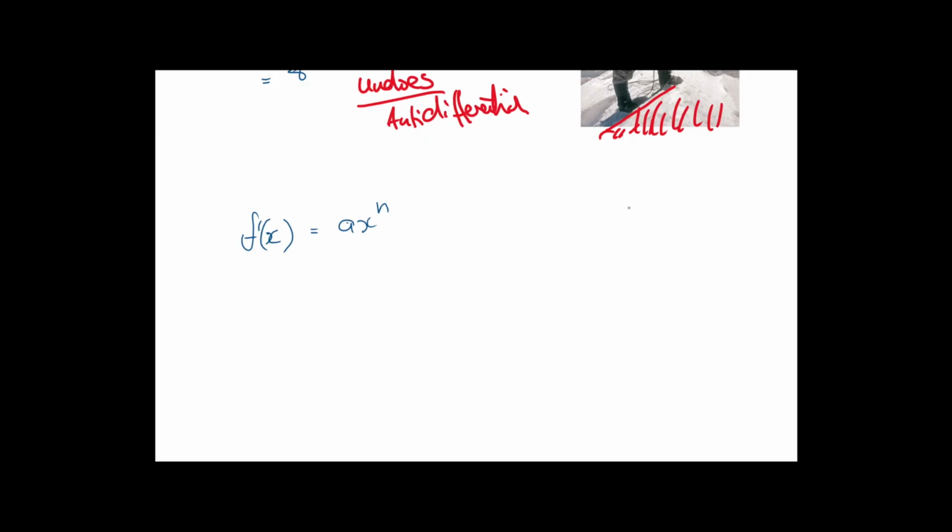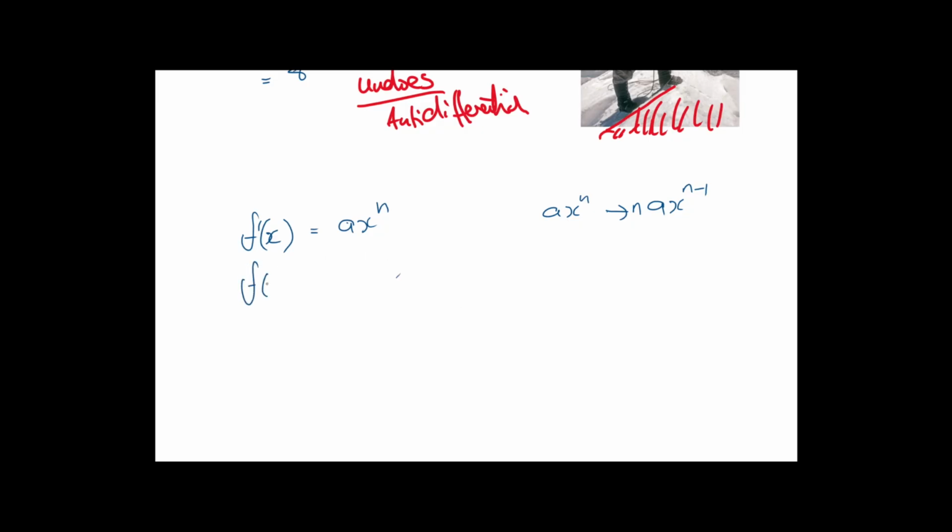If we wanted to differentiate it, what would we do? If we had ax^n and we want to differentiate it, the a would stay there, the n would be multiplied by that, and then we would lose 1. We're going to do exactly the opposite when we anti-differentiate, as you might expect.